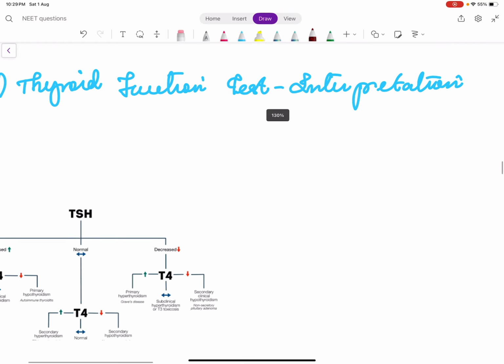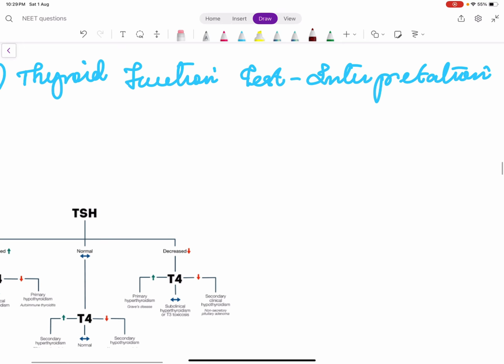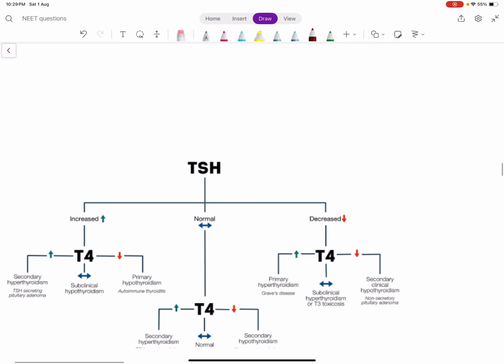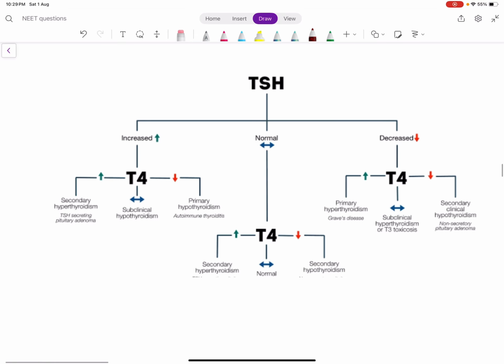Now how will you interpret TFT? We would have discussed this in many places. This is the place where the concept of primary and secondary comes into play. Always, while interpreting a TFT report, suppose in any case scenario or an exam, if some TFT is given, first step always see TSH. Assume TSH is high. That means only two possibilities.